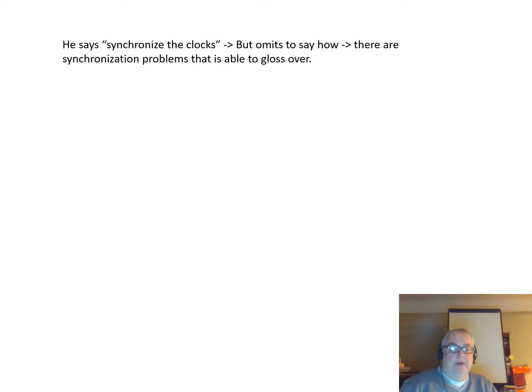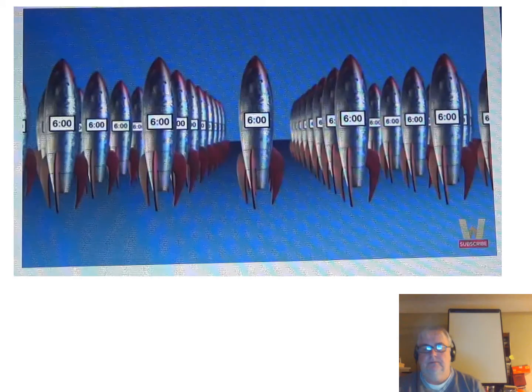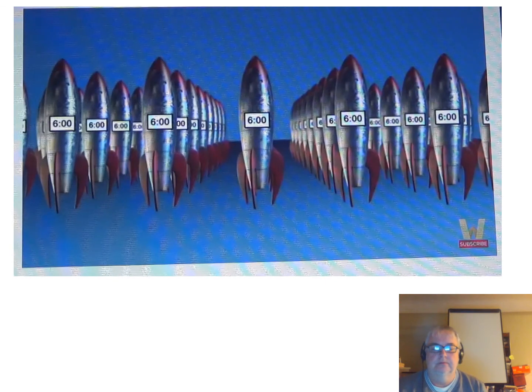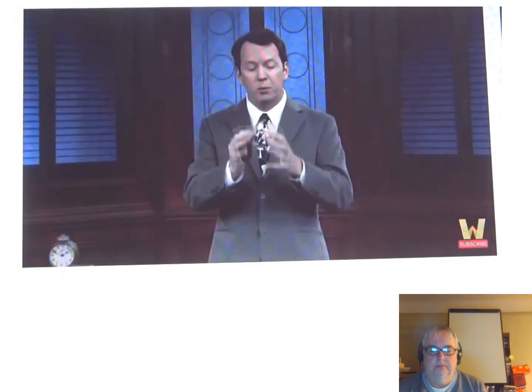Right. Yeah, he says synchronize the clocks, but omits to say how to synchronize those clocks. There are synchronization problems that he's able to gloss over. You set their clocks to read the same amount, and then you send them throughout the universe. Imagine we could put a robot with a clock at every point throughout space.